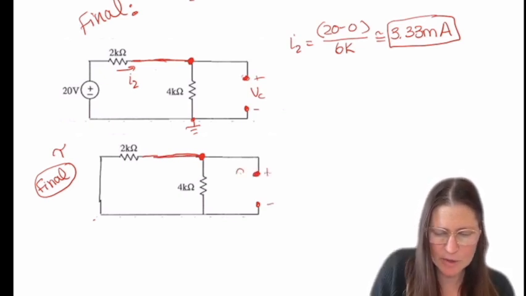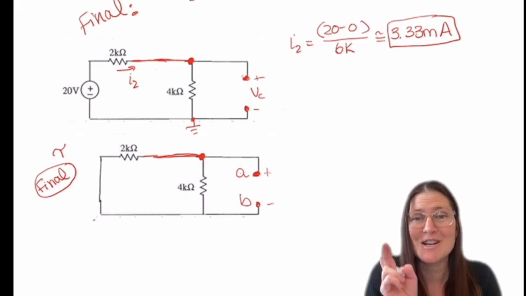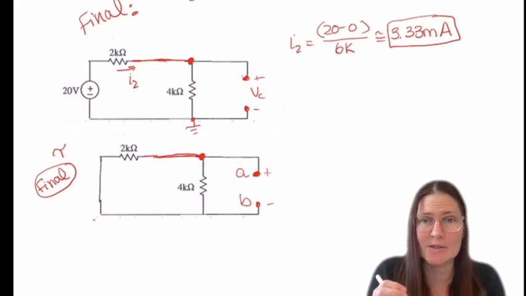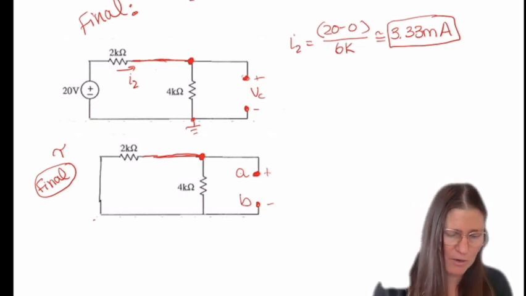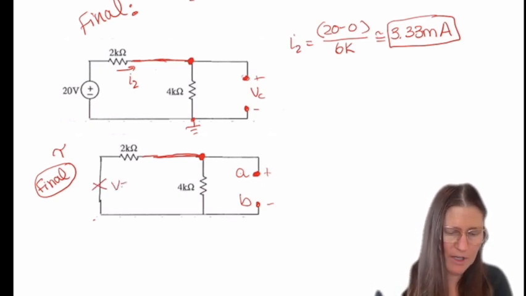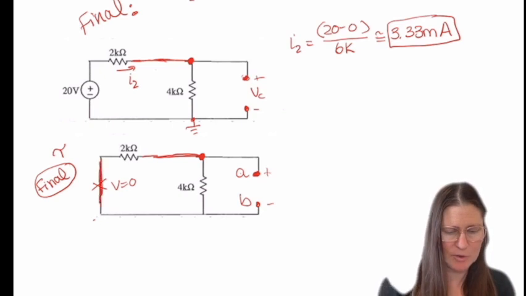For tau, we don't need to determine if it's open or closed. We are just going to label A and B between wherever the element was taken out. Then we're going to remove any independent sources. As you can see here, I already removed that one. V equals 0 means a short, and that's why that was a wire there.